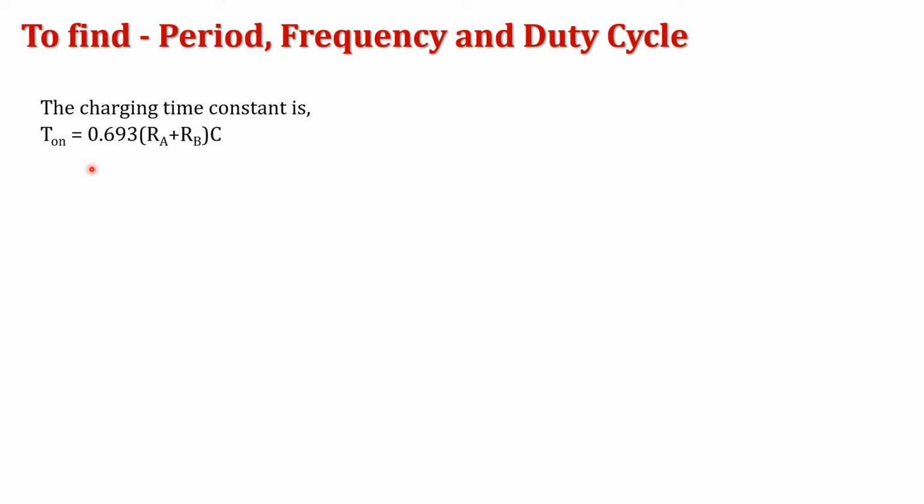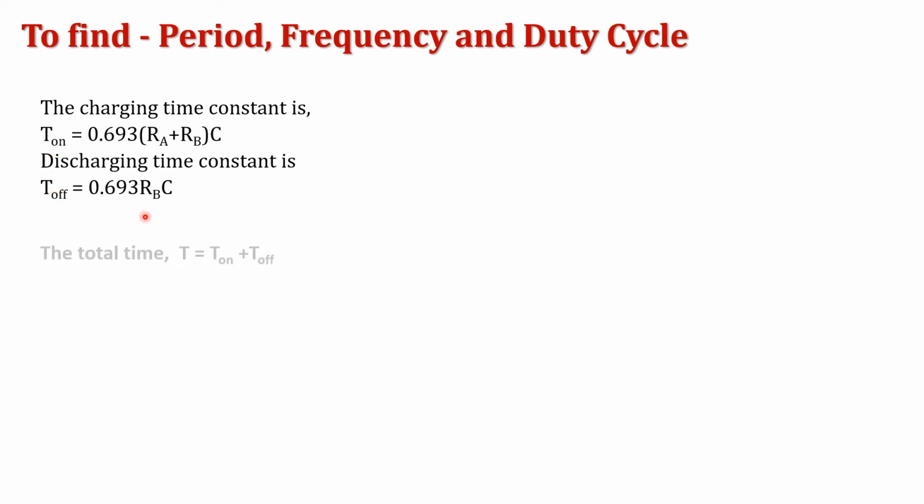It is equal to 0.693 multiplied by (RA plus RB) C. And the discharging time constant, T off, is equal to 0.693 multiplied by RB C. Since (RA plus RB) C is the charging time constant and RB C is the discharging time constant, we calculate T on and T off. Therefore total time T is equal to T on plus T off.